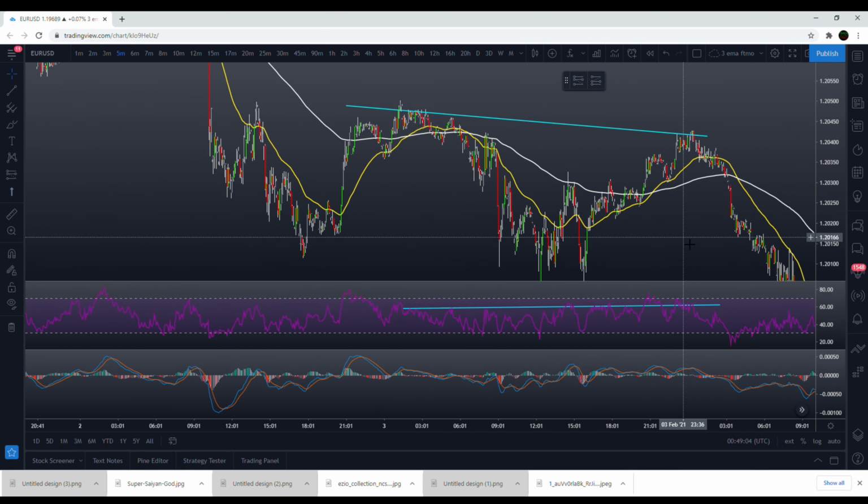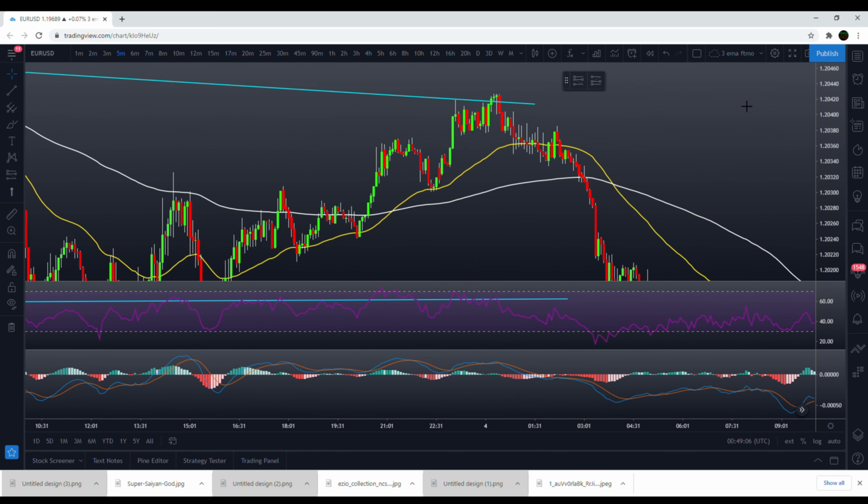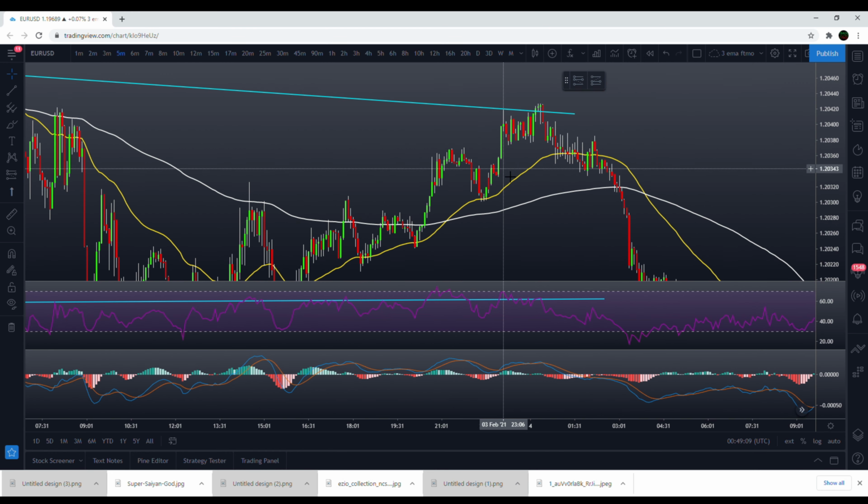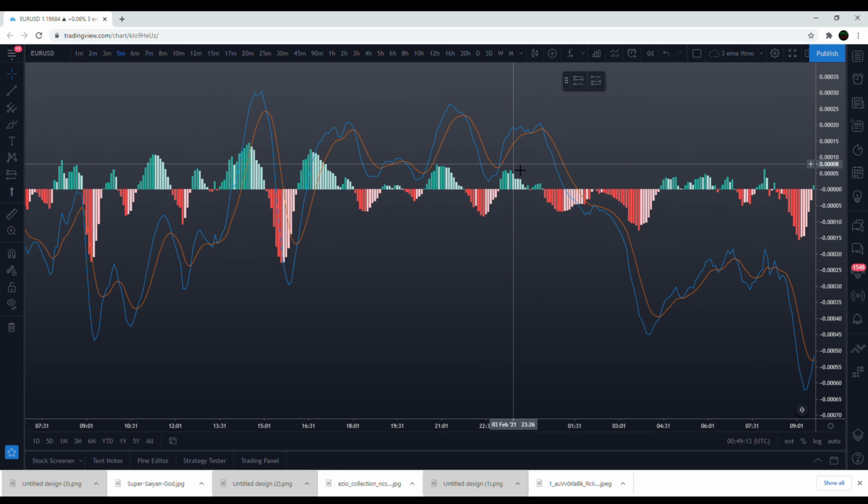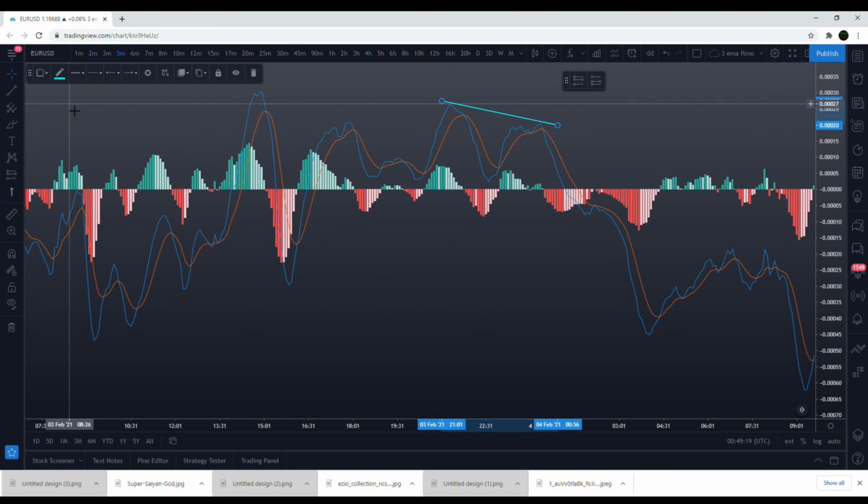Okay, let's zoom in here and take a look. As you can see, if we look at the RSI and the MACD, we have regular bearish divergence. Not only coming from here to here, but if we look at the histogram, we get an even smaller one right here, from here to here.